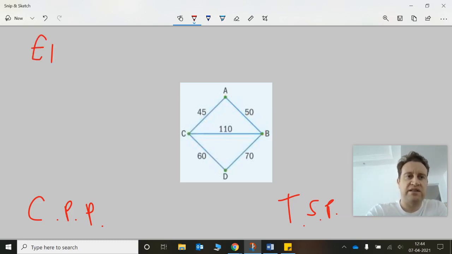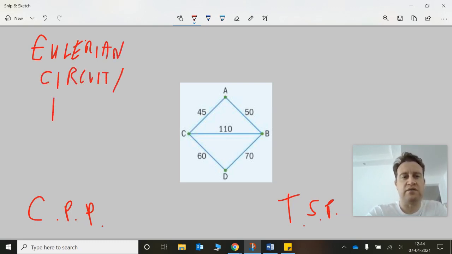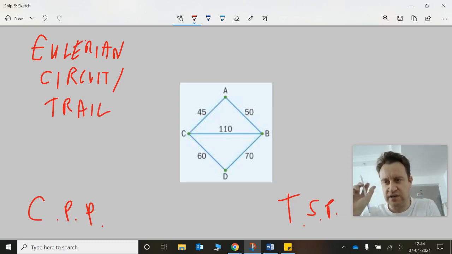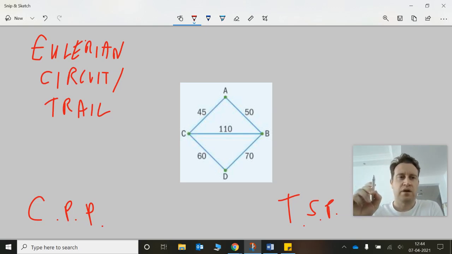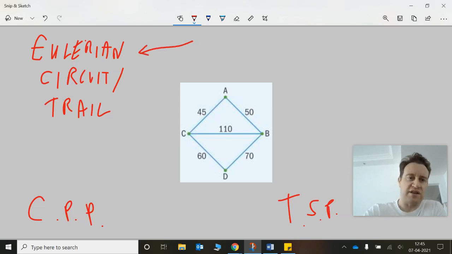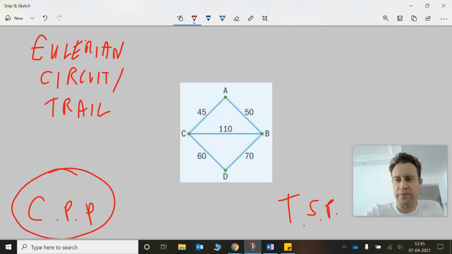So that was when we needed to make an Eulerian circuit, if we were coming back to the start, or if we were starting and finishing at different places, an Eulerian trail. That was all about the degree of each of the vertices. Okay, now when we were making Eulerian circuits or trails, we didn't care about the lengths on the edges. That was only when it became the Chinese postman problem.